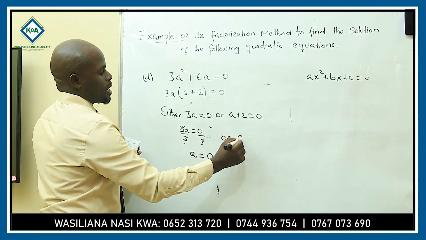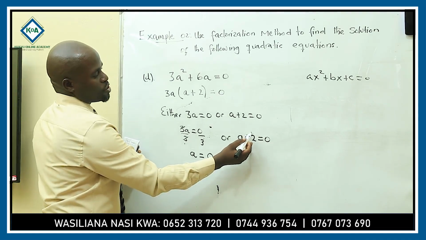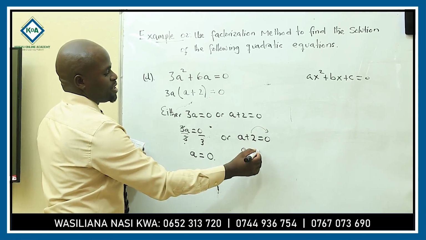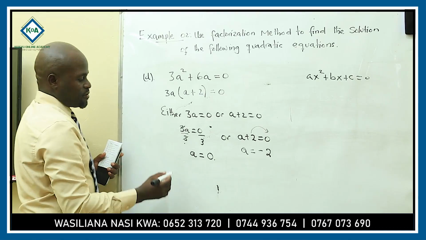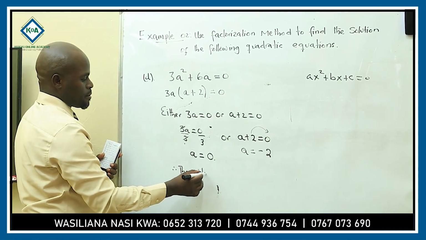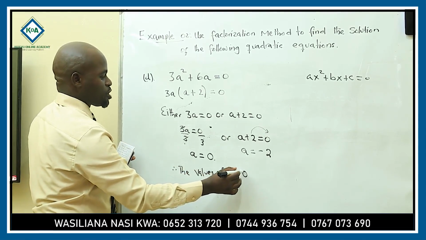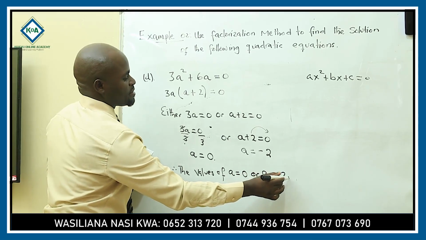Or a plus 2 is equal to 0. We shift this to the other side, it will be a is equal to negative 2. Because this is plus, when you go there, it will be negative. So therefore, the values of a, we have a is 0, or the value of a is equal to negative 2.